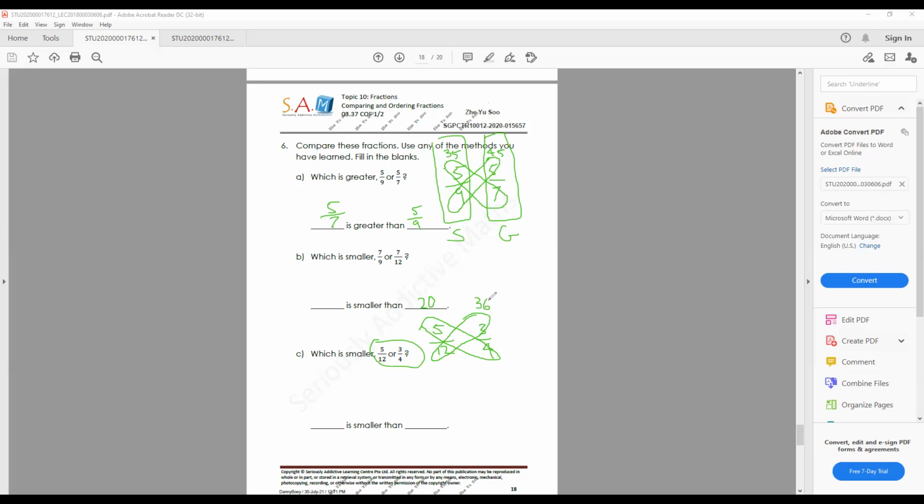Wow, right? So 36 is greater than 20. So therefore, 20 is smaller. So 5 out of 12 is smaller than 3 out of 4. Do you get the X-Men method?